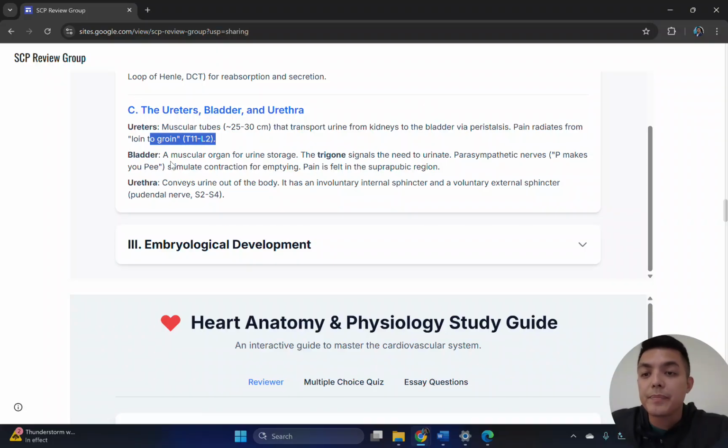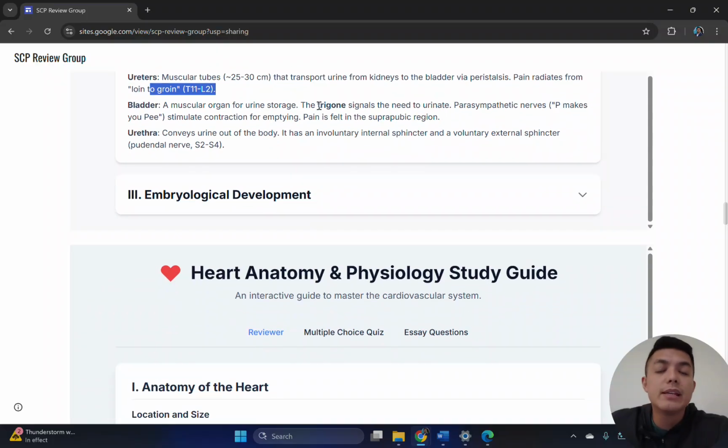Next is the bladder. This is a muscular organ for urine storage. The trigone, so remember this word, signals the need to urinate. If it touches or tickles the trigone, that's when you will have the urge to urinate. And parasympathetic nerves, so P makes you pee.